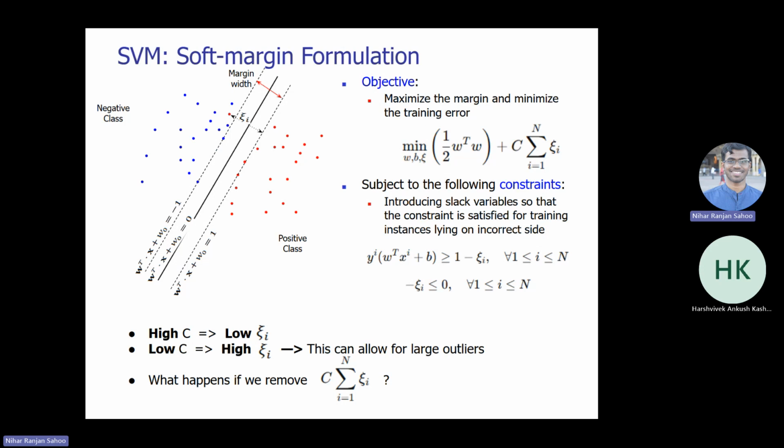If you are not restricting xi, then y into W transpose X plus B greater than or equal to 1 minus xi will be minus infinity. Every point will satisfy that constraint. That's a very loose condition, and it will not give us any optimal W. It will say you take any W, I will classify correctly. That's a wrong interpretation.